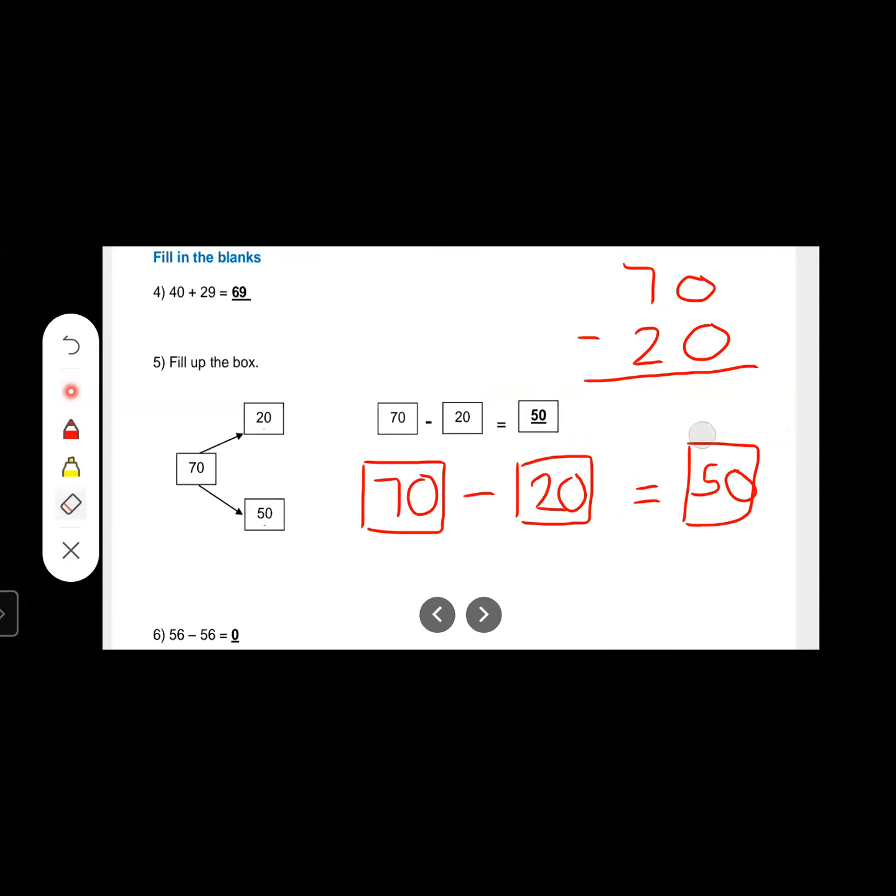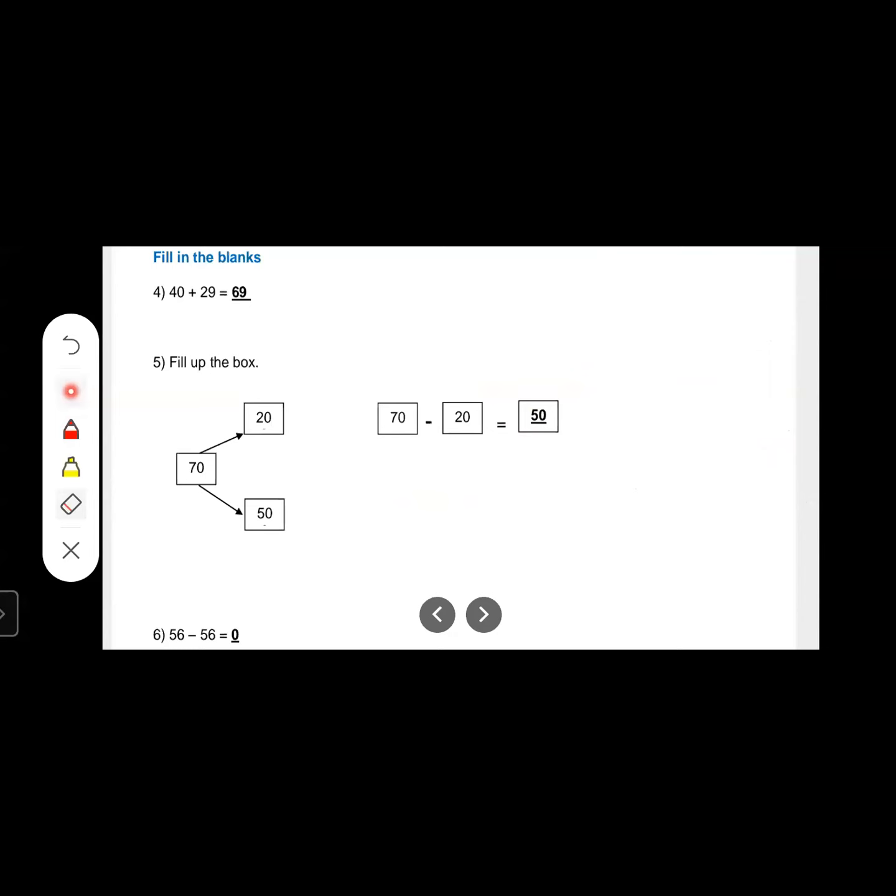Now we have to make another subtraction sum. Another than this. Same numbers we will not take now. Means these three numbers only, from these three numbers only we will make the subtraction sum. Next one. First we took which number?